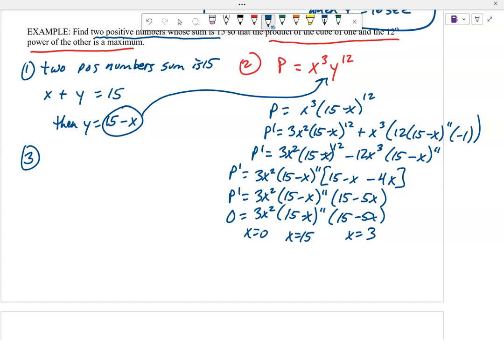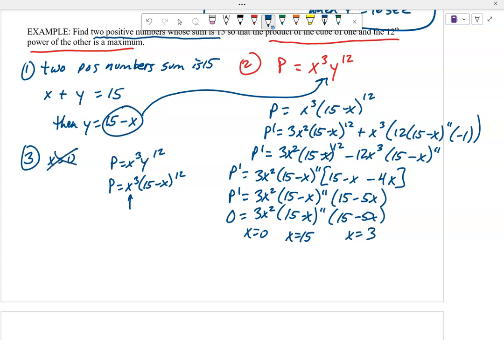Now if we let x be 0, then our product is x cubed y to the 12th, right? We're trying to maximize this. Well, if x is 0, then this would be 0, so I don't want to use that one.